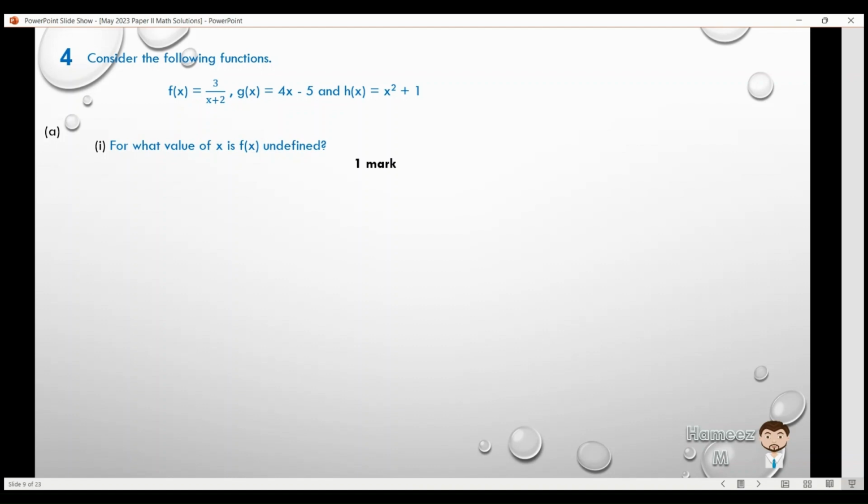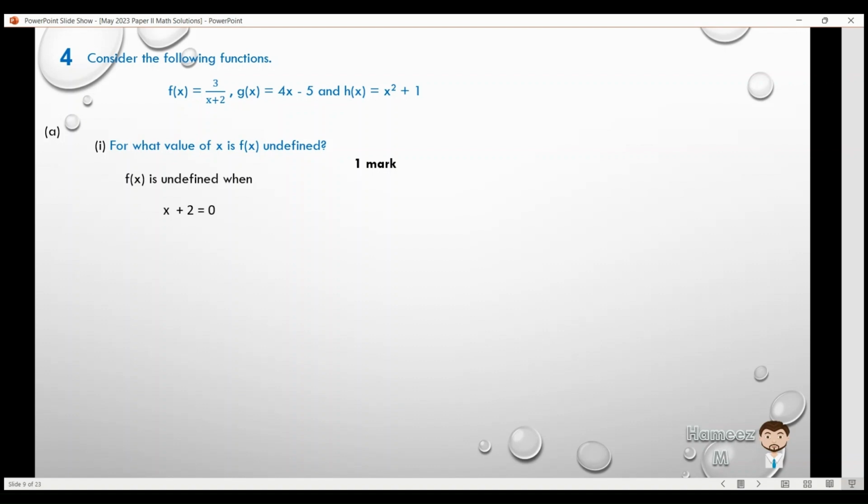Or if we put it into our calculators, our calculator will tell us it's an error. So f of x is undefined when the denominator is 0, because whatever division we have, when the denominator is 0, it gives us an error, or it is undefined.